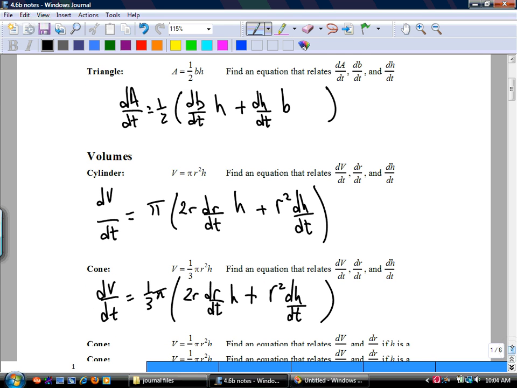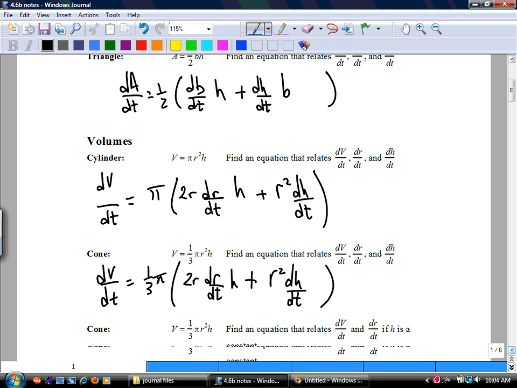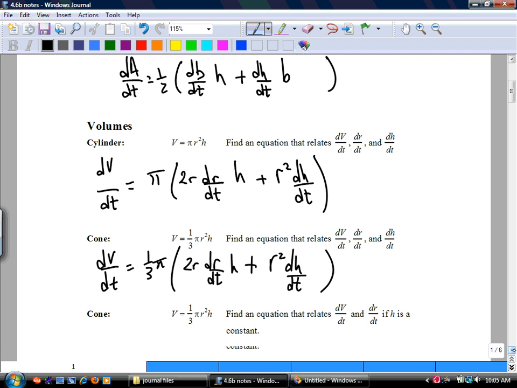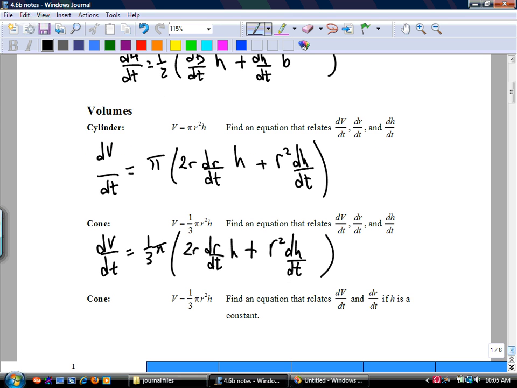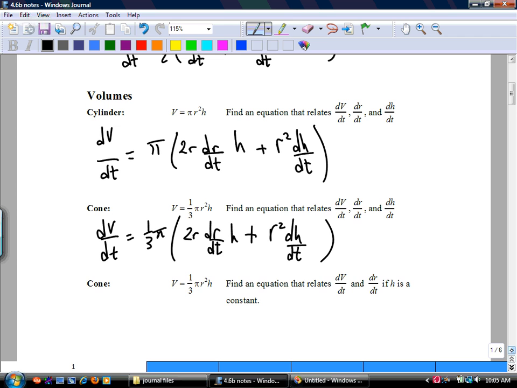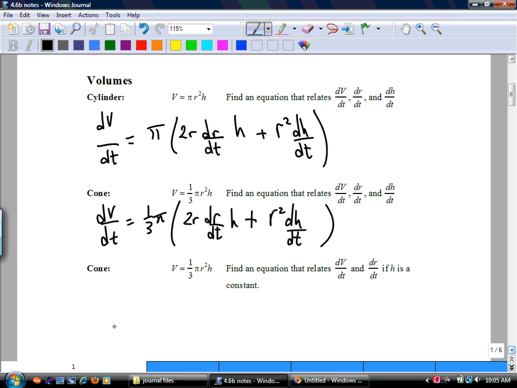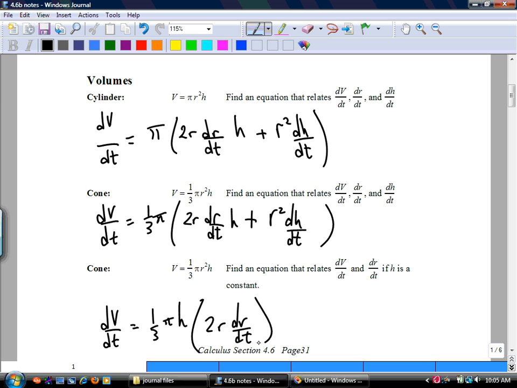Okay, part. Find the equation that relates dV/dt if h is a constant. Good. Good.